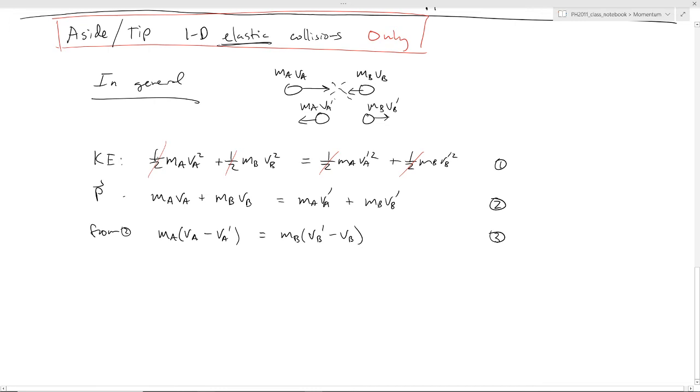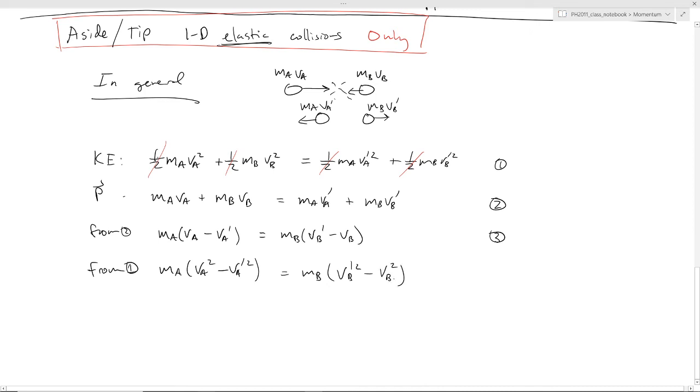Now, let's do basically the same thing with 1. If I take expression 1 and put all the MA terms on one side, I would have MA times (VA squared minus VA prime squared) equal to MB times (VB prime squared minus VB squared).